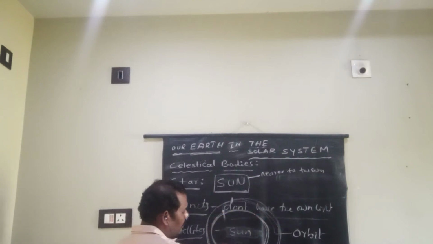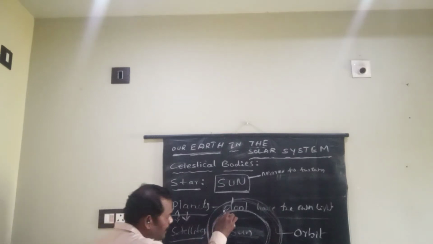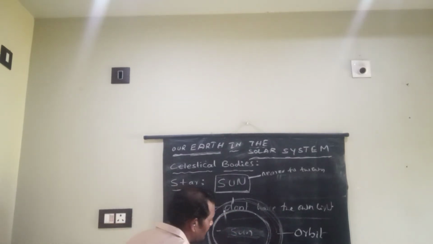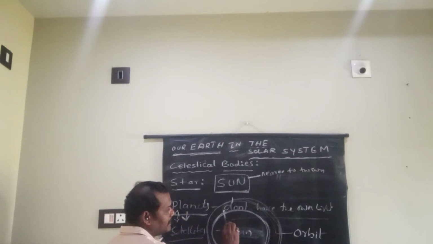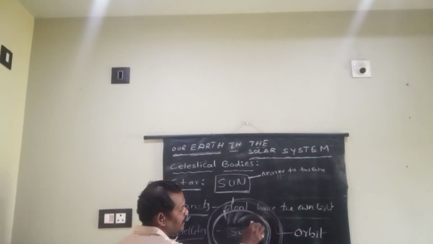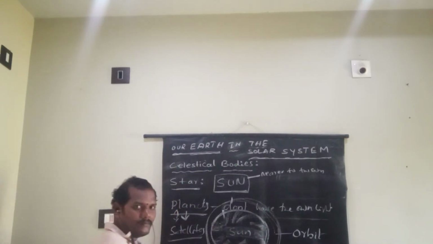According to this, they go around the sun. That's why the planets around the sun are getting the heat and the light from the sun.